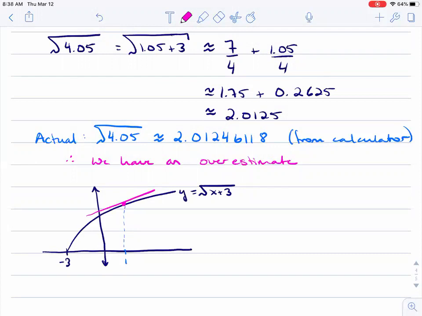I wasn't able to touch the curve, but that's okay. Here's my linear approximation, which is consistently going to be above the curve, right? And so that's why we've got these overestimates.